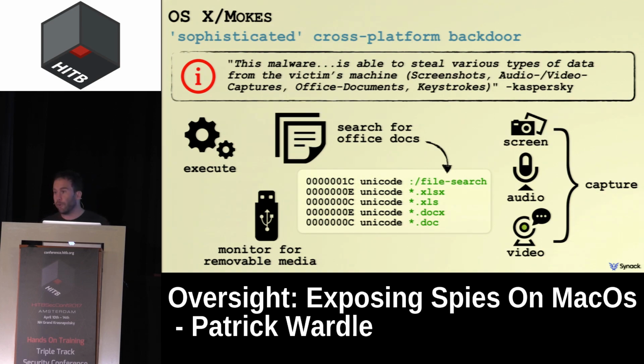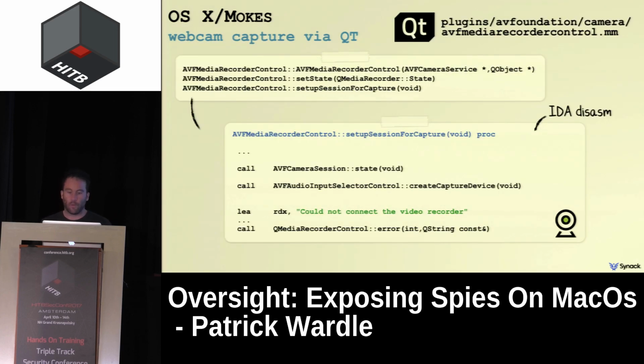It also monitored removable media, so if you plugged a USB stick into an infected host, it could enumerate files, grab them off, and exfiltrate them to the remote attacker. And then it also had the ability to do screen captures and audio and video captures off the webcam or mic. Now, we don't have source code for this malware, but we can reverse engineer it to see what it does.